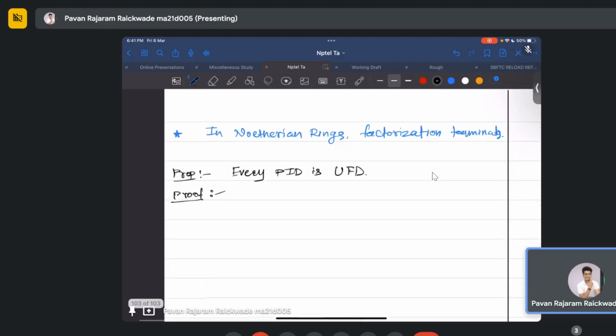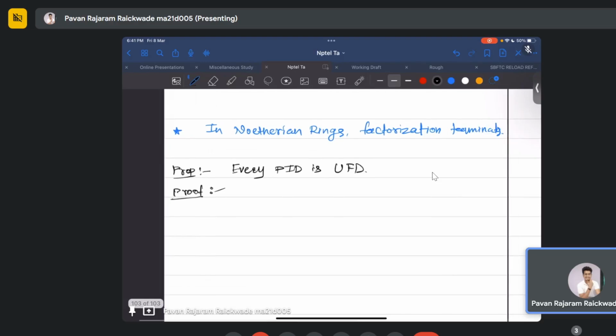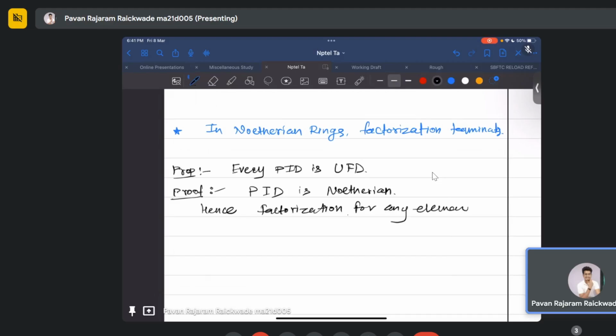How to prove this? You know that every PID is Noetherian, and factorization for any element terminates.